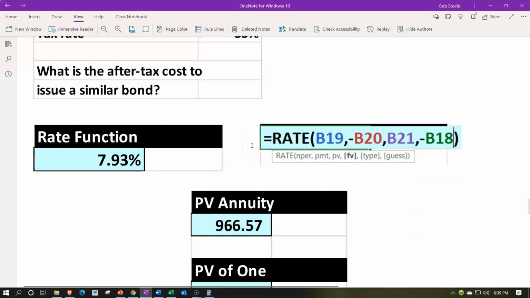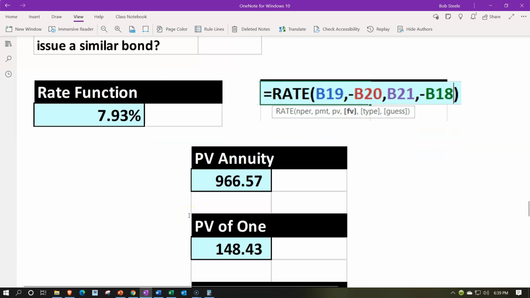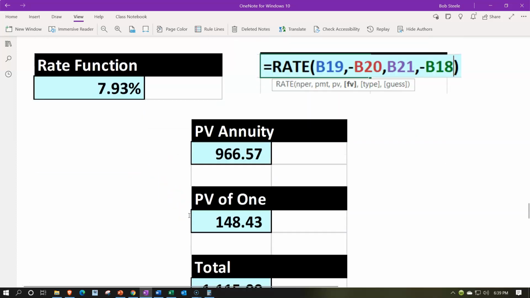Even if you use the rate formula, however, once you get the number, you still probably want to double check it with the present value of annuity and present value of 1.